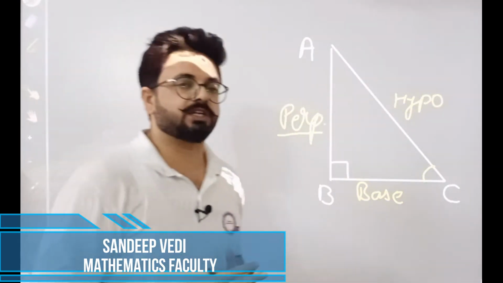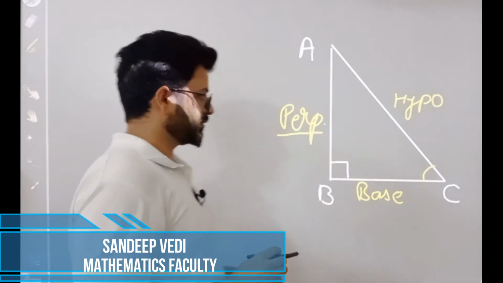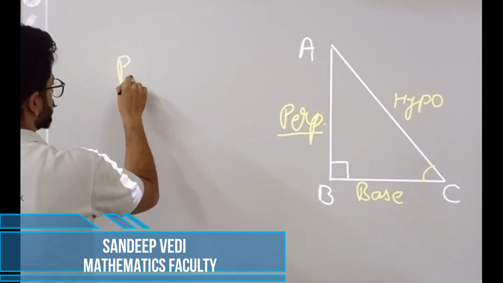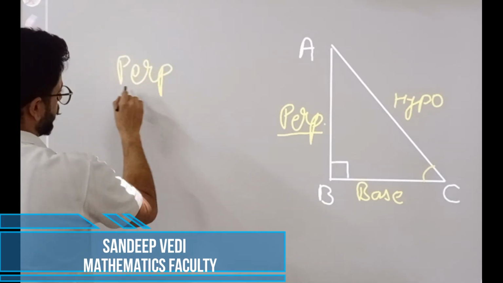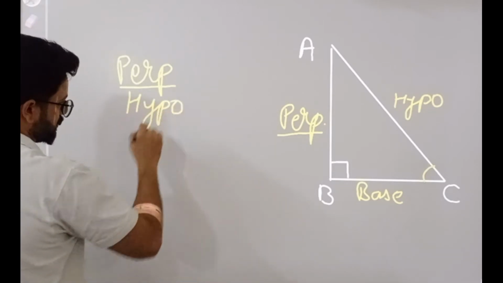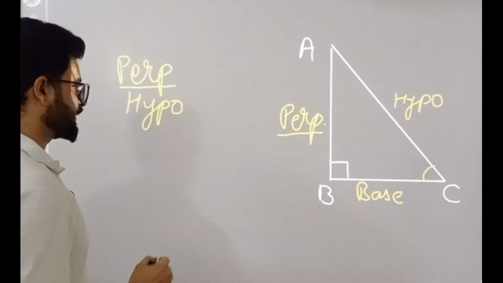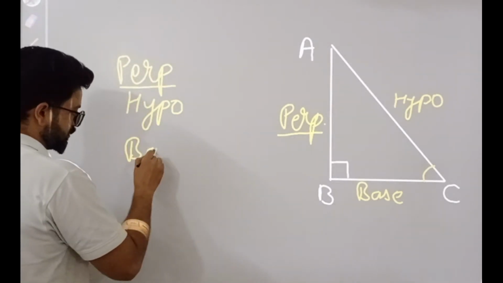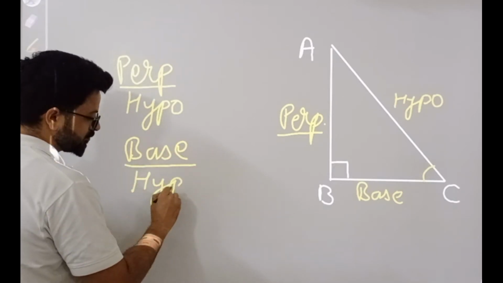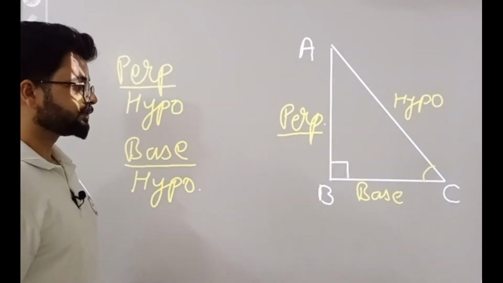Now in how many ratios can we arrange these three sides? So I am writing the ways. First, perpendicular upon hypo, we may write perpendicular upon hypo. Second, base upon hypo we can also write. Hypo means hypotenuse, base upon hypo.